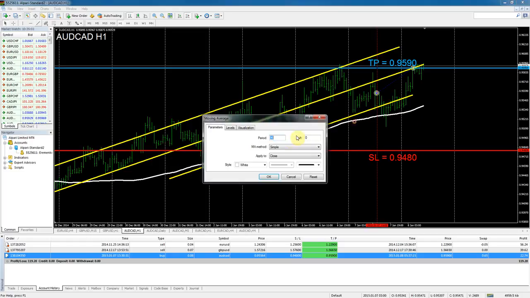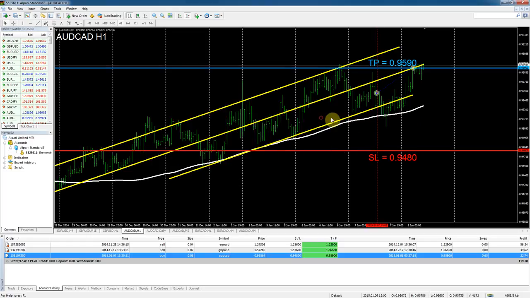This is a 96 simple moving average, and 96 is because there are 24 hours in a day, and if you multiply 24 by 4, you get 96. So this moving average represents the average on the hourly time frame over 4 days. And as you can see, in this particular case, the moving average works really well.